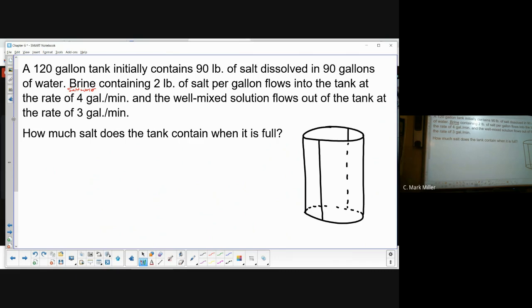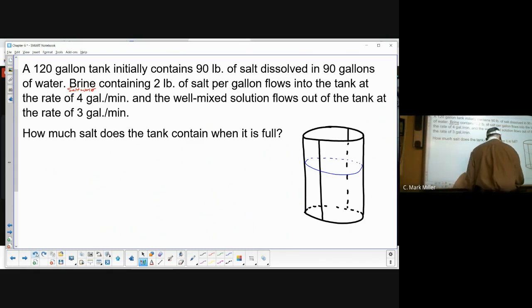So that's our 120-gallon tank. 90 gallons is currently in the tank. All right, so 90 gallons. It's what, 3/4 full? Now brine is going into the tank at 4 gallons per minute, 2 pounds of salt per gallon.